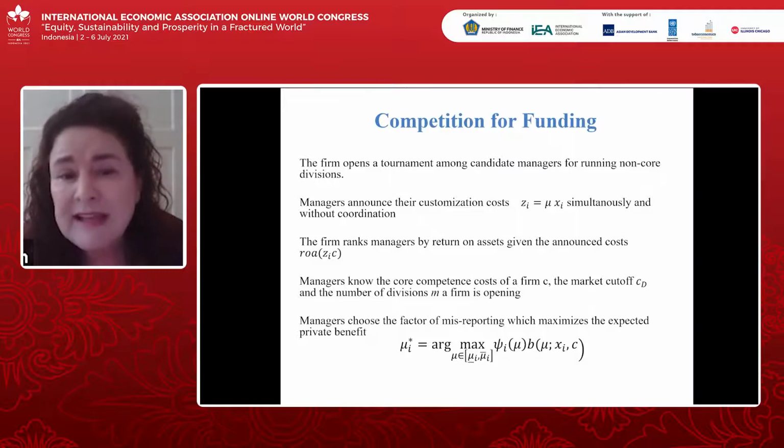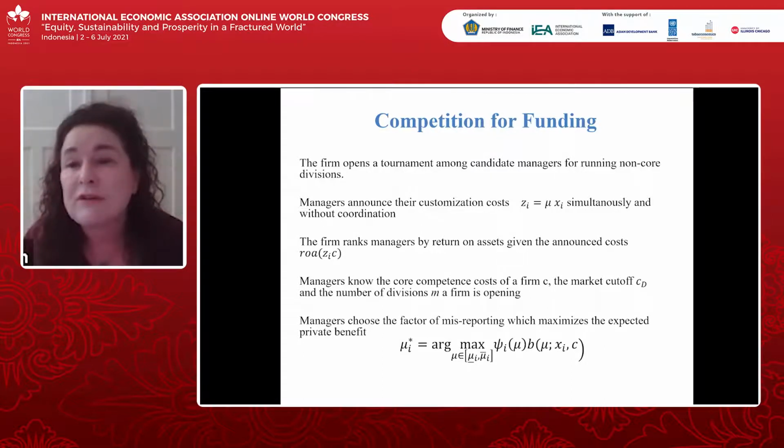The firm then ranks the managers by return on assets given the announced costs of the managers. And when the manager decides on the reported customization cost, he knows the core competence cost of the firm, C. He knows the market cutoff CD.